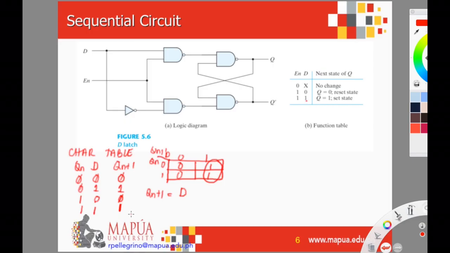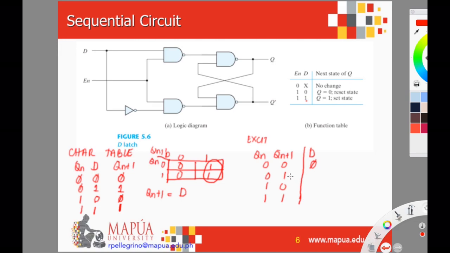Okay, so for the excitation table, if we have Qn and then Qn plus 1, what will be the output D? So 0, 0, 0, 1, 1, 0, and 1, 1. From 0 to 0, the value of D is 0.